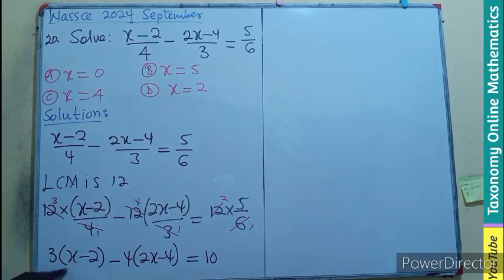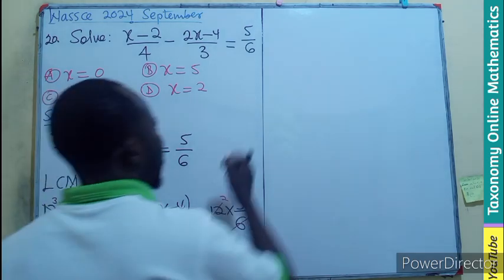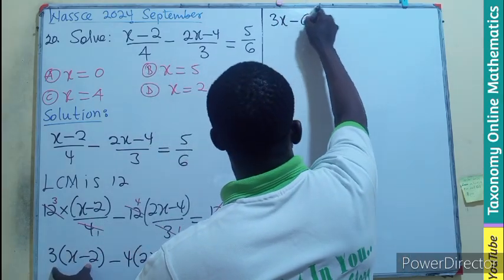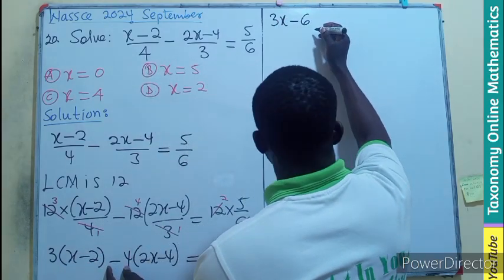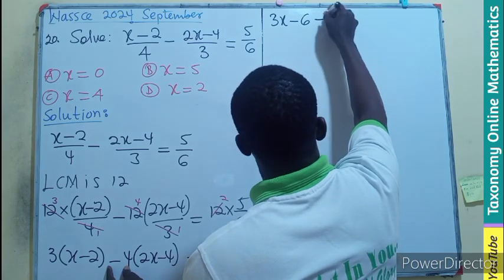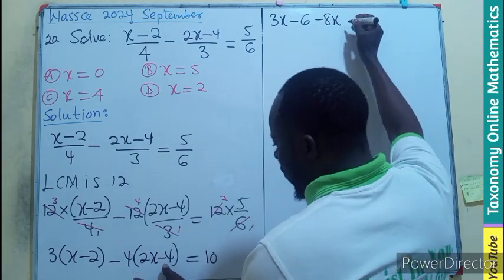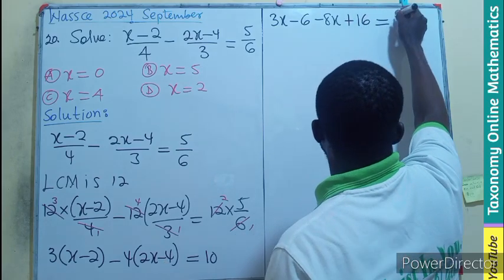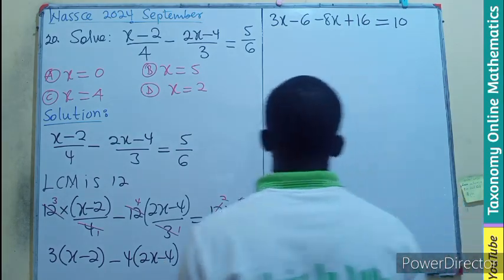Now to expand this, 3 will have to multiply the x and the 2, and the 4 will have to multiply the 2x and the 4. Don't forget this is minus 4. So 3 times x will be giving us 3x. 3 times minus 2 is minus 6. Minus 4 times 2x will be minus 8x. Minus 4 times minus 4 will be positive 16. That gives us 10, as we have here.